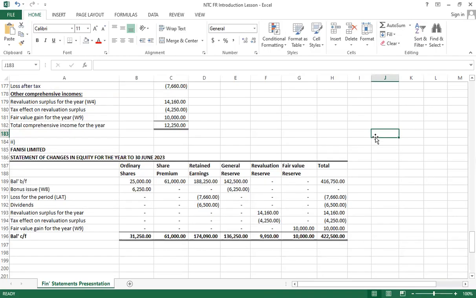For the revaluation surplus, can I give the net figure having factored in the tax, or the format is you first bring in the revaluation surplus and then you bring in the tax effect rather than bringing the net figure? If you do not separate this way, you will miss the marks for the two. The net figure should show as the balance carried forward, yeah?